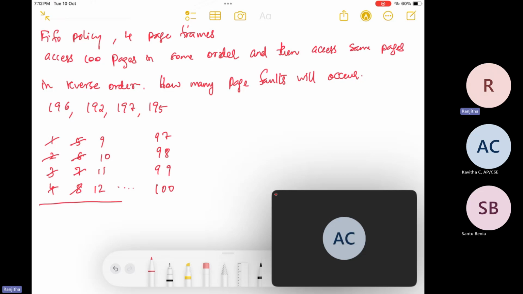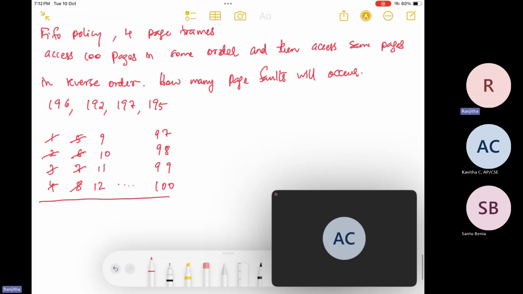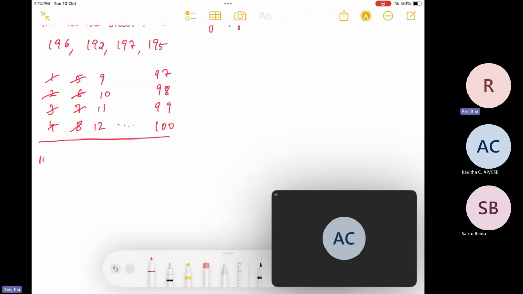Until 100 is reached in this order, we have 100 page faults, because there is no repetition of the same pages. Every page got replaced, so 100 pages were accessed and we had 100 page faults.